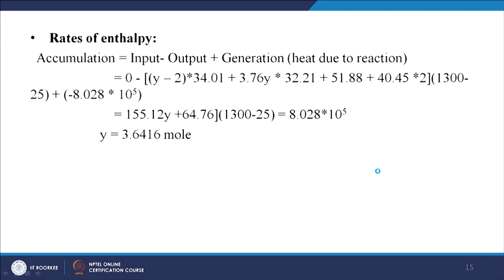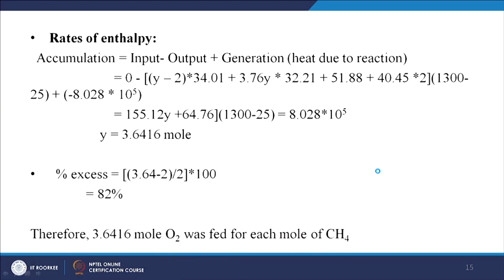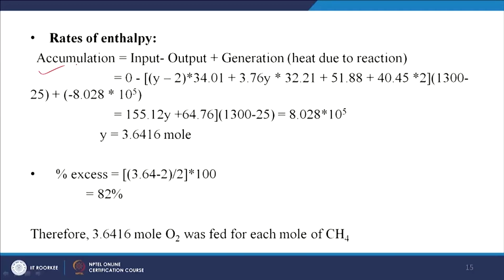Then we get the heat balance, calculate the value of Y, and that will be the oxygen required for this combustion. Here, accumulation is equal to input minus output plus generation. This is the heat balance we are considering. Input is 0, because all are at 25 degree centigrade, which is our base case.